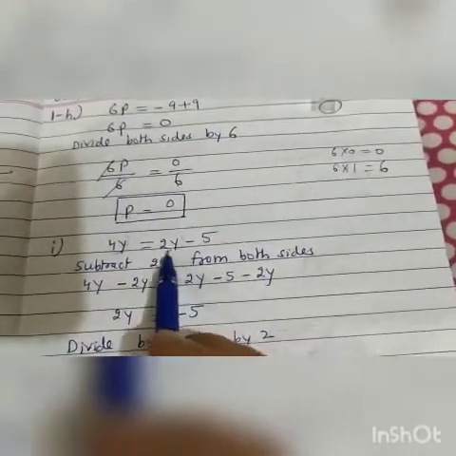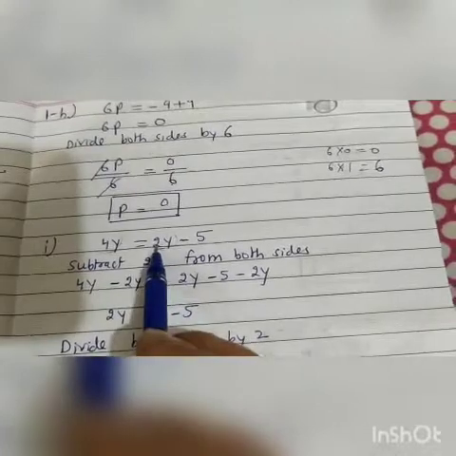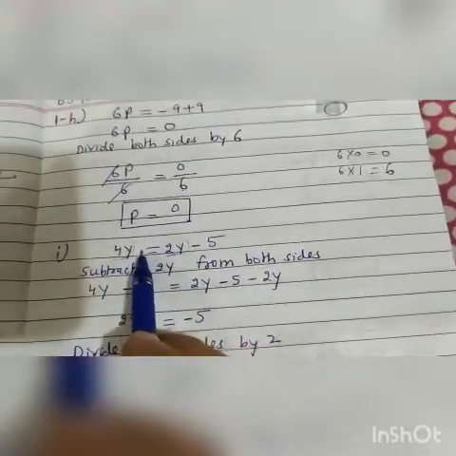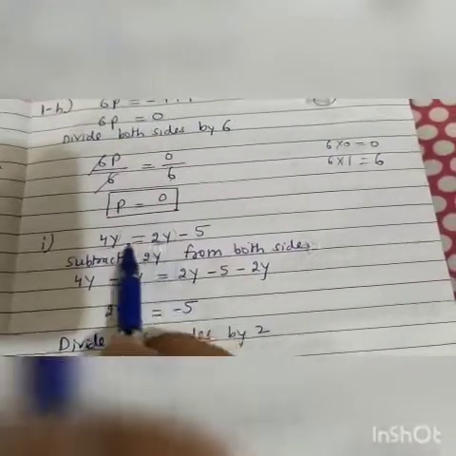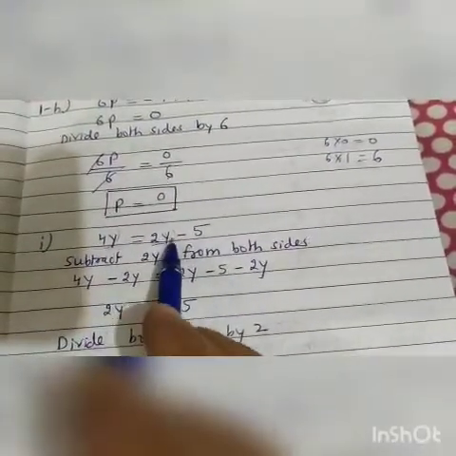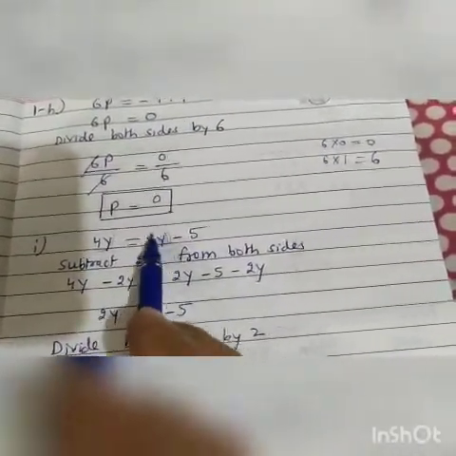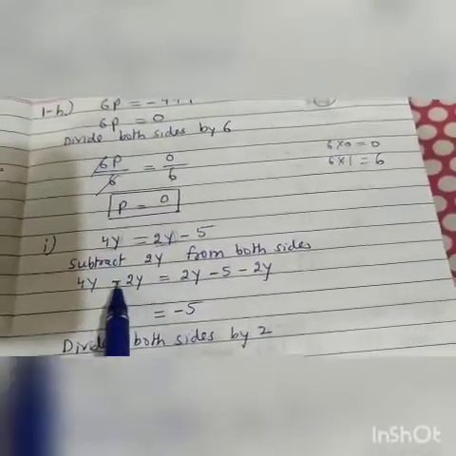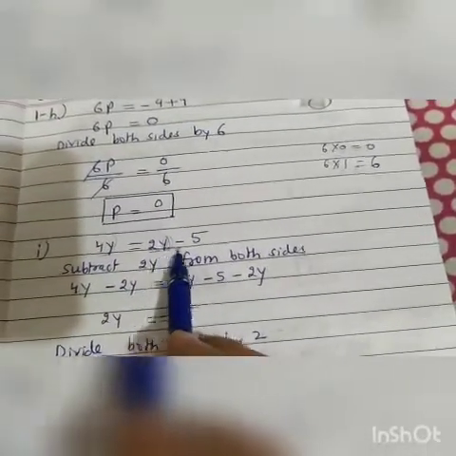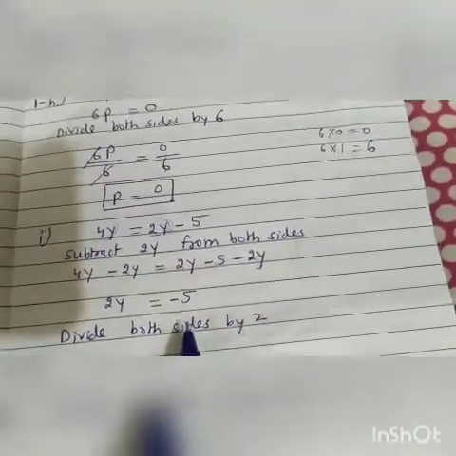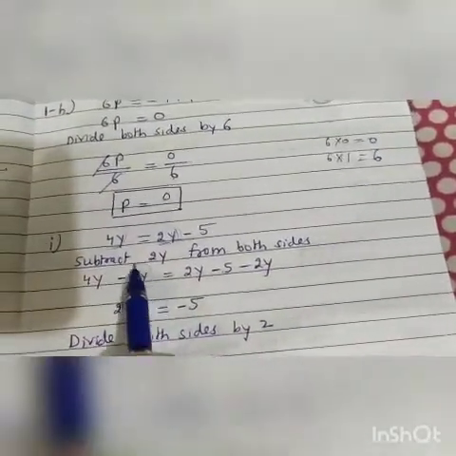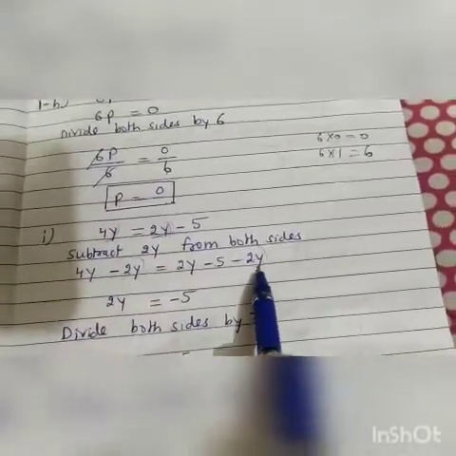We will shift this term with unknown variable 2y to the left hand side. Subtract 2y from both sides. So 4y minus 2y. We will write this -5 as it is, then subtract 2y. See here, we have subtracted this 2y from both the sides.